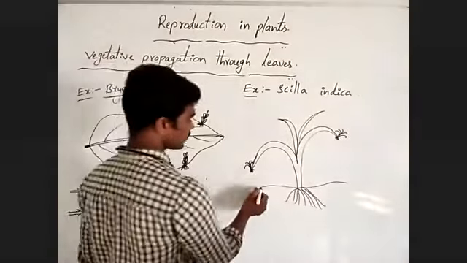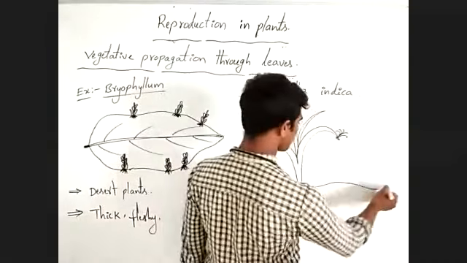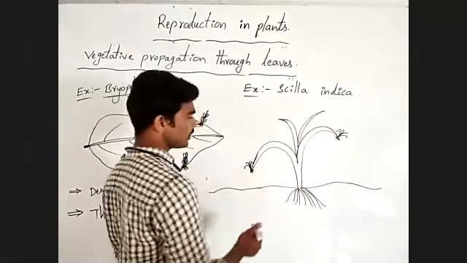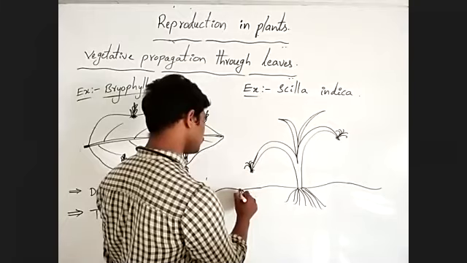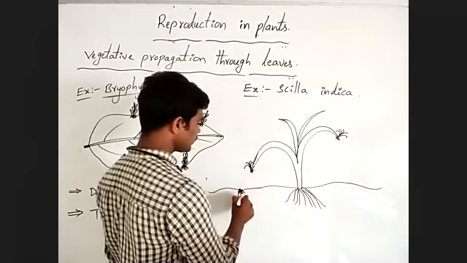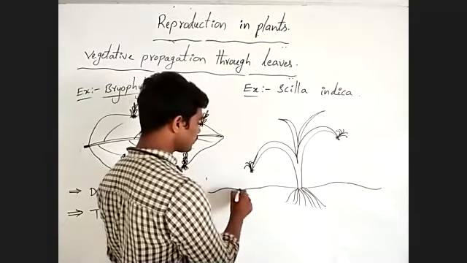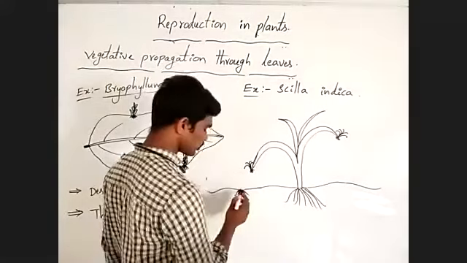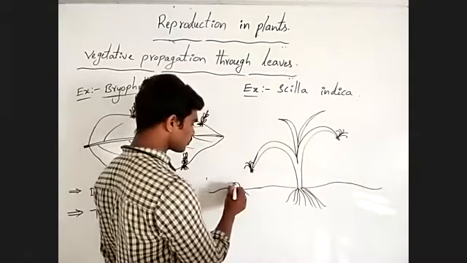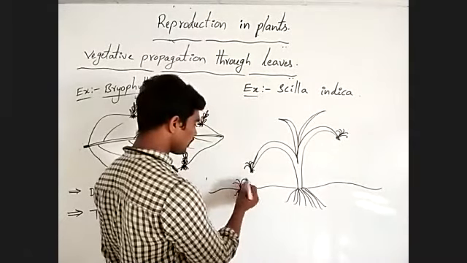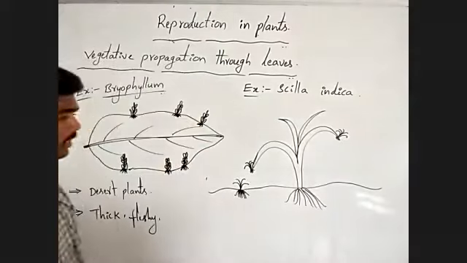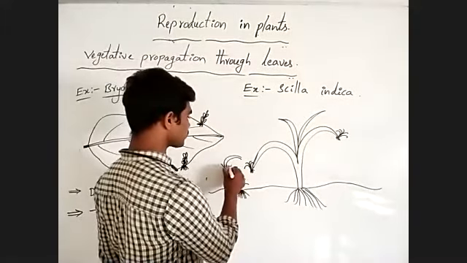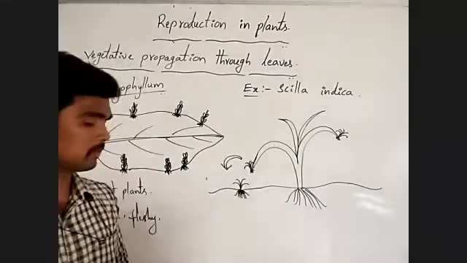Whenever they are detached from the parent plant and fall on the soil, they develop roots into the soil and grow as independent plants.